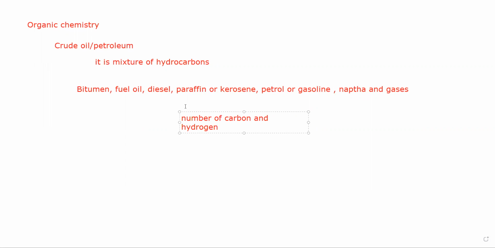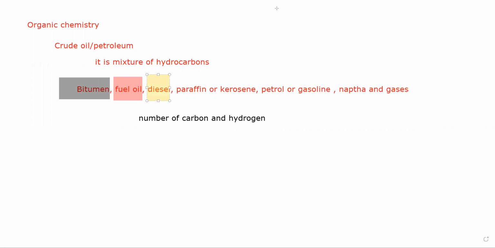So the number of the carbon and hydrogen present in each compound differs. Bitumen is one compound having a different number of carbon atoms. Fuel oil is another compound having a different number of carbon atoms. Diesel is another. Paraffin or kerosene, different number of carbon atoms.